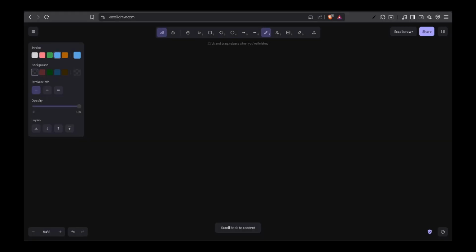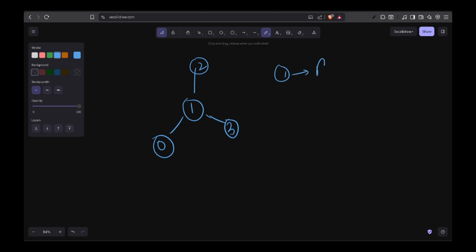So imagine this is the tree, right? This is the tree. Okay, now say we chose 1 as the root node. That means to find the minimum height for 1, we need to traverse from 1 to 2, 1 to 3, 1 to 0, right?